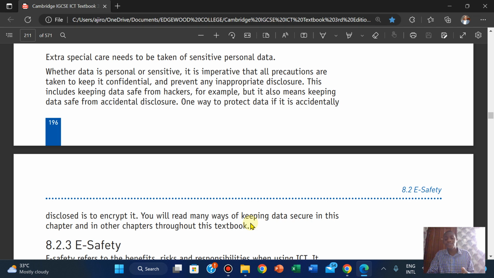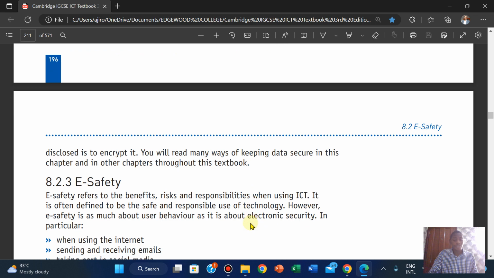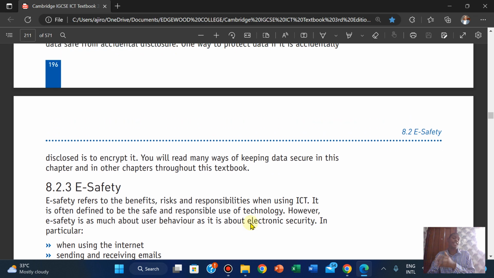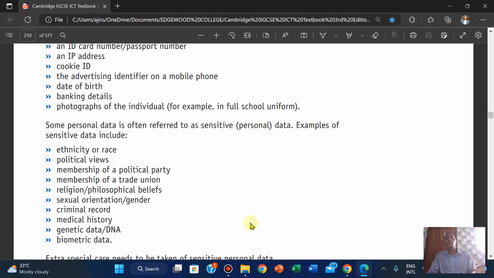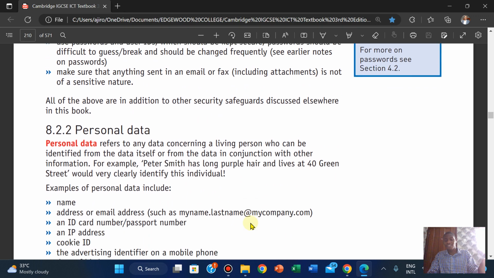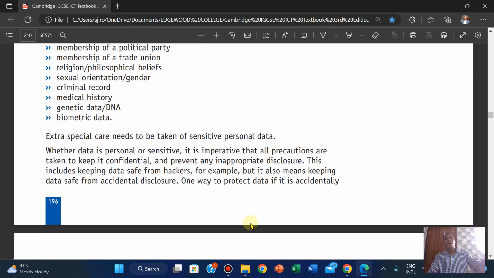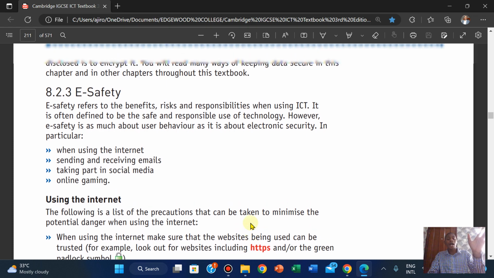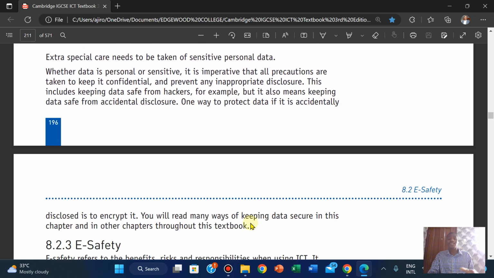Okay, so you will read many ways of keeping data secured in this chapter and other chapters throughout this textbook. Let's look at electronic safety. Our focus was on personal data and how we can keep it safe, both physically and electronically.